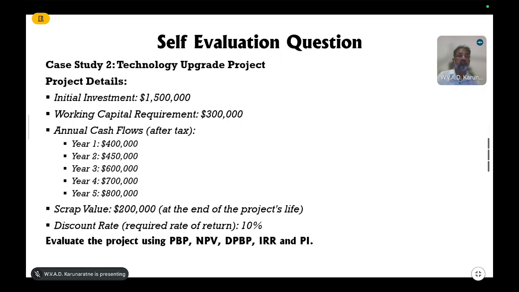There are a number of exercises to calculate cash flows if we have a scrap value. Here it is important to know that if we have a scrap value, it should be added into the cash flows of the last year, right? If we have a working capital requirement, it should be a part of the initial investment, but you can recover that part at the end of the period.